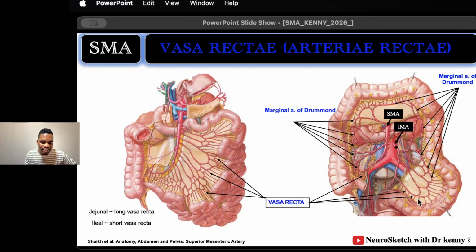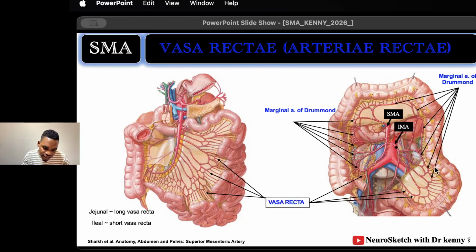We have already seen the vasa recta, the straight vessels or straight arteries, and these straight arteries come from this arterial arcade. Even after the marginal artery, you have the straight arteries that supply this specific part of the large intestine. And this is what we see.